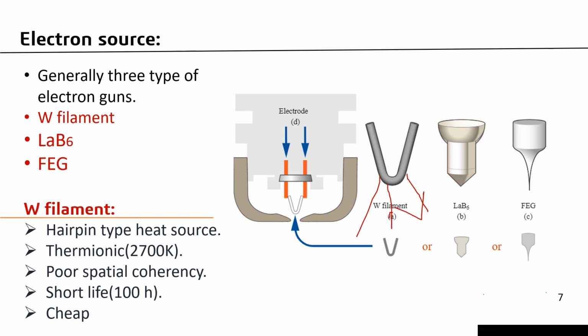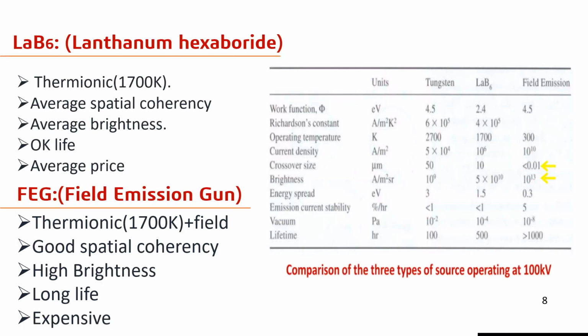The second one is LaB6, lanthanum hexaboride. This is also thermionic, with average spatial coherency, average brightness, okay life, and average price. And the third one is the field emission gun. This has good spatial coherency, high brightness, long life, and is expensive in nature.